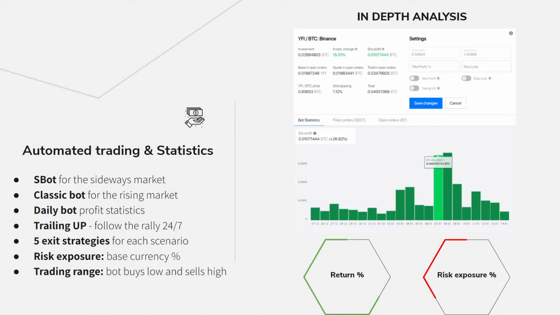So now we steadily go to the automated trading strategies and some statistical tools that we have. As of today, as we added new features like the daily bot profit that you can monitor and some other key metrics, it's now become even more effective to measure your success and to compare your strategies with one another.